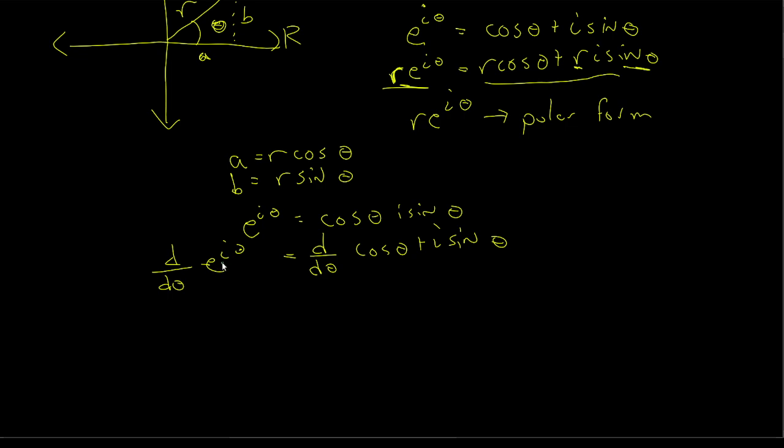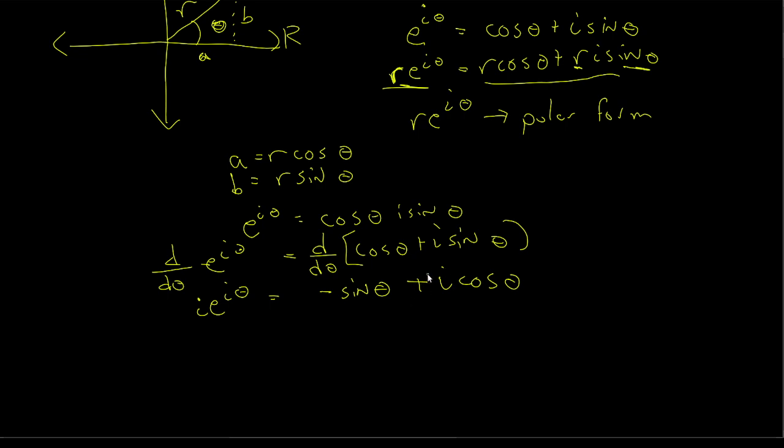And if I take the derivative of an exponential, I'll get i e to the i theta. If I take the derivative of cosine, I'll get negative sine theta. And if I take the derivative of sine, I'll get plus i cosine theta.